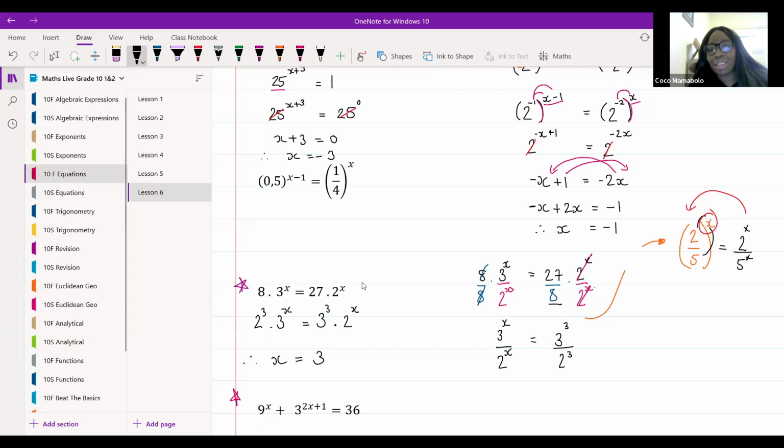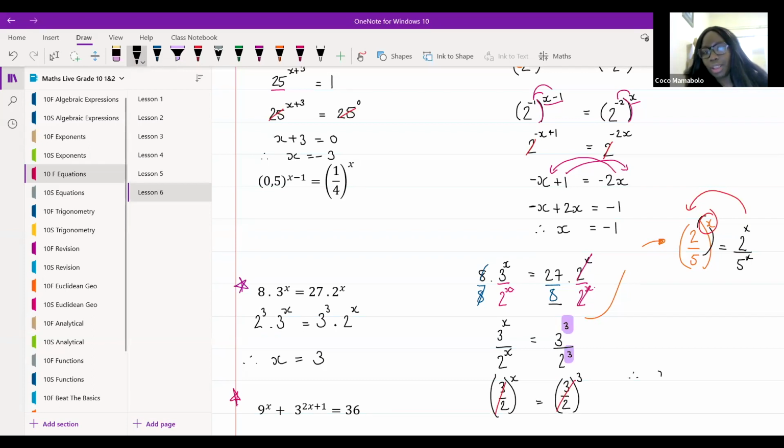I'm going to rewrite this as 3 over 2 all to the power of x is equal to, now on this side I can do the same because both of these things are to the power of 3. So I'm going to take 3 out as a common factor. It's almost like we're factorizing exponents. I'm then going to have 3 over 2 all to the power of 3. And then I have like bases. Do we see that I have like bases? So I can then just cancel.